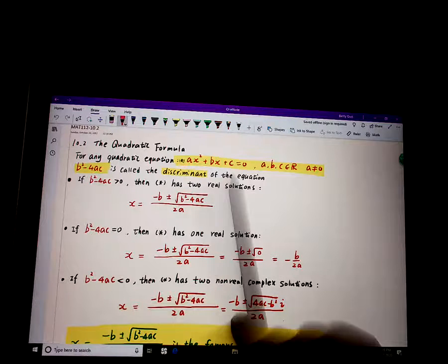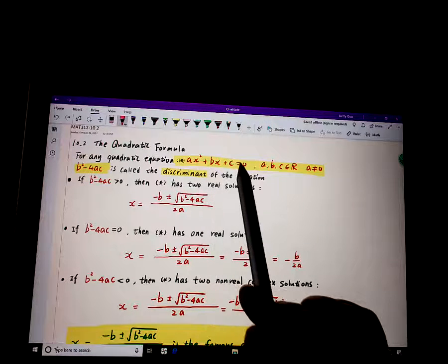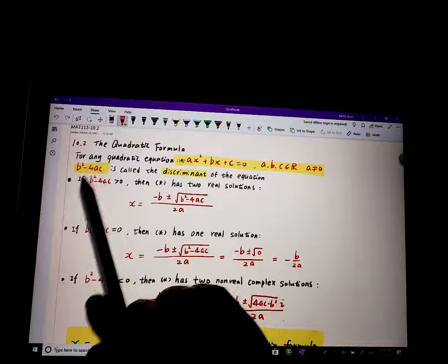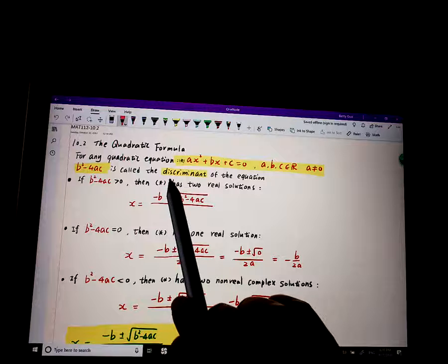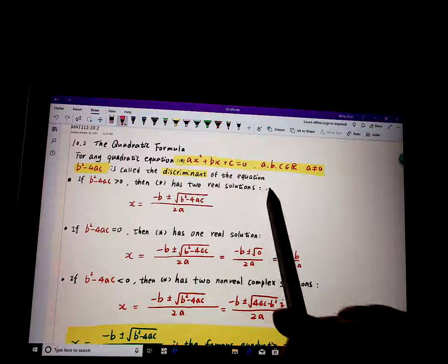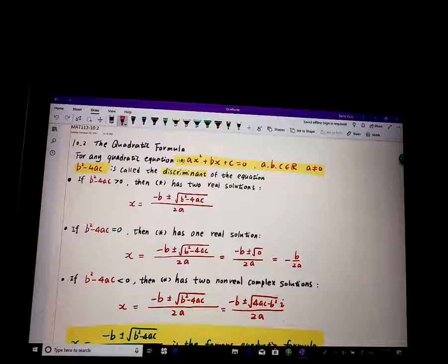Which number depends on the coefficients of the equation. So this number, b squared minus 4ac, is defined as the discriminant of the equation. Very important concept. Take time to remember this concept. b squared minus 4ac is called the discriminant of the equation.